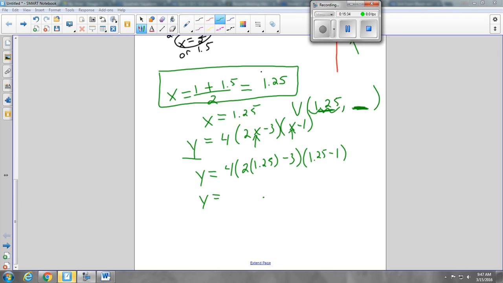So the y value you get if you put that all into your calculator ends up being negative 0.5. So that ends up being our vertex point, right? Negative 0.5.